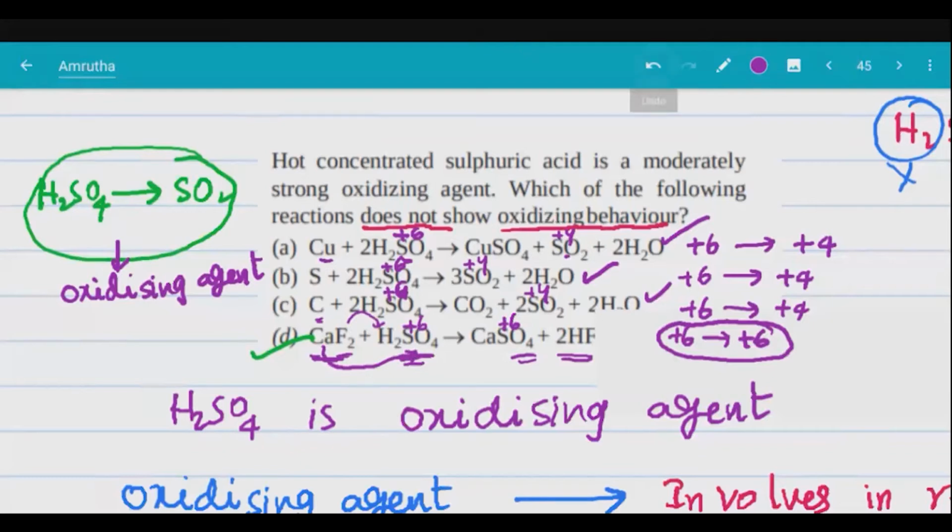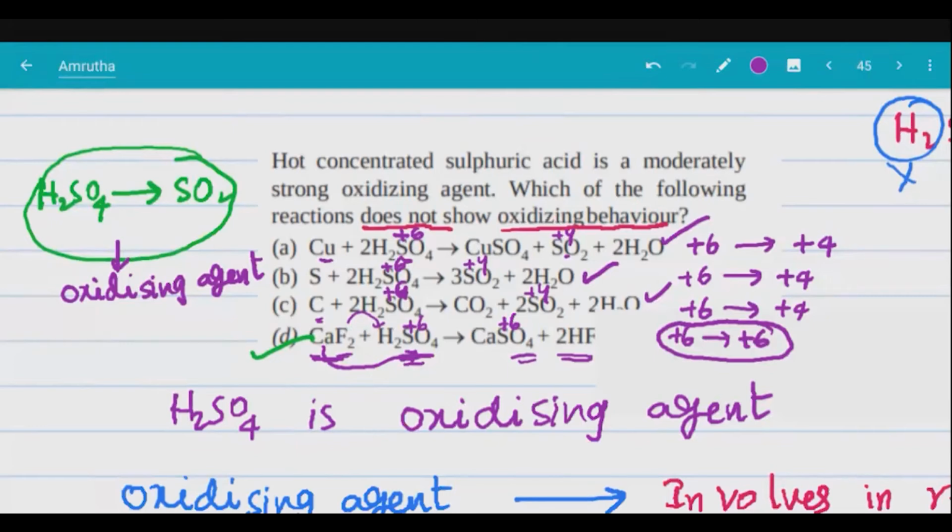Ion exchange reaction, displacement we say. Double displacement, because two ions are exchanged. It is a double displacement type. There is no reduction.